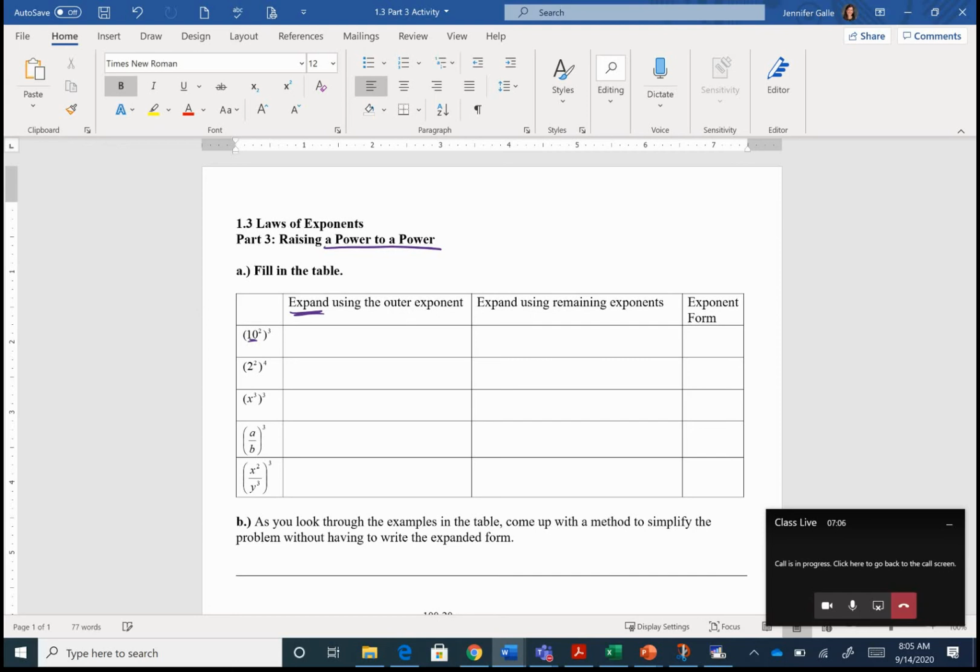Okay, so the first column, it's a little bit different. It says expand using the outer exponent. The outer exponent is a 3. So I'm going to write 10 to the second power 3 times, because the outer exponent is a 3.